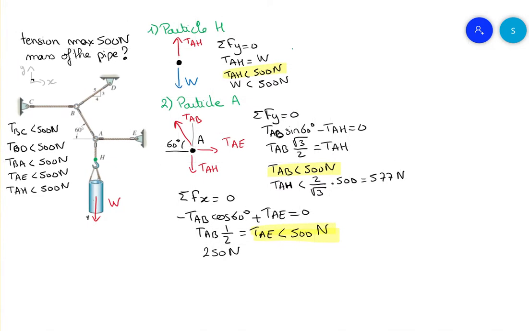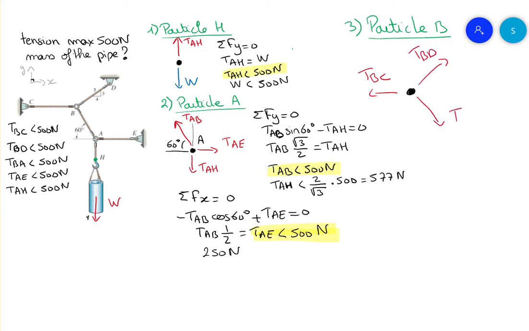Let's do now the particle B. So we have the particle B. We have the tension TBC, and we have the tension TBD, and we have the tension TAB. TAB, TBA, doesn't matter. We have a 3, 4, 5 triangle, and 60 degrees there.